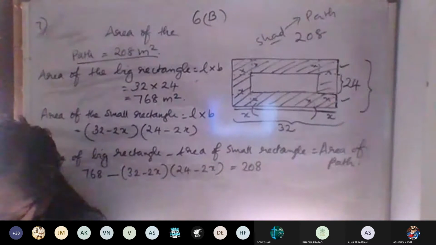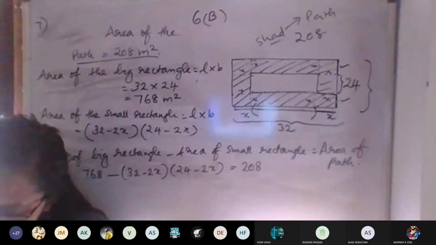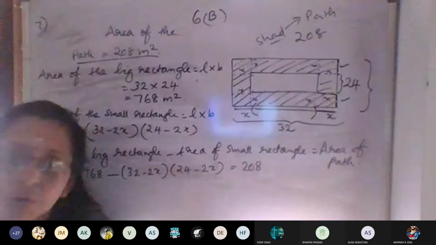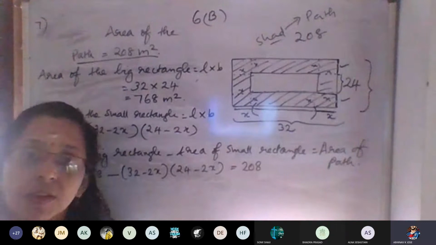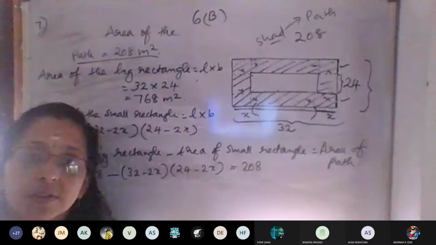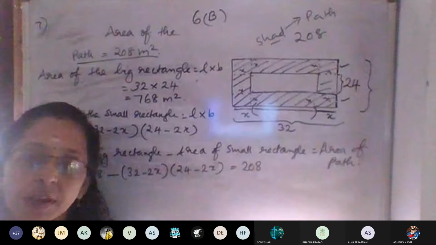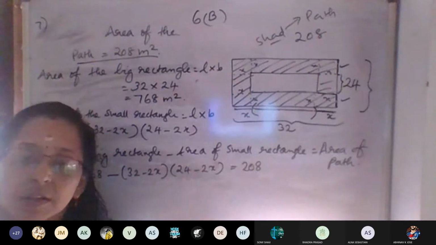So one thing I will do: tomorrow, Tuesday, you will be free in the morning. At that time you study. Tomorrow I am not taking class. So is it okay? Tomorrow no max class. Instead of that you study this 6A and 6B, and Wednesday this.